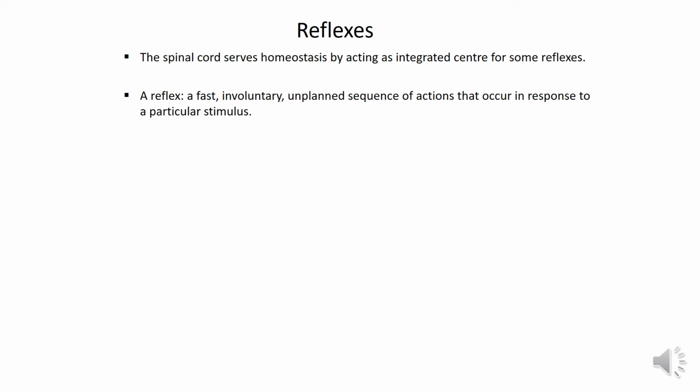So a reflex is a fast, involuntary, unplanned sequence of action that occurs in response to a particular stimulus. Some reflexes are inborn, that include the withdrawal reflex, like pulling a hand from a hot surface even before touching it.